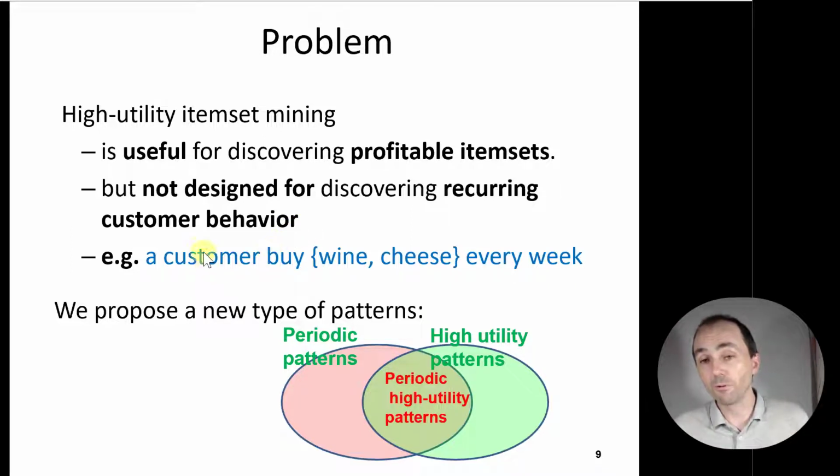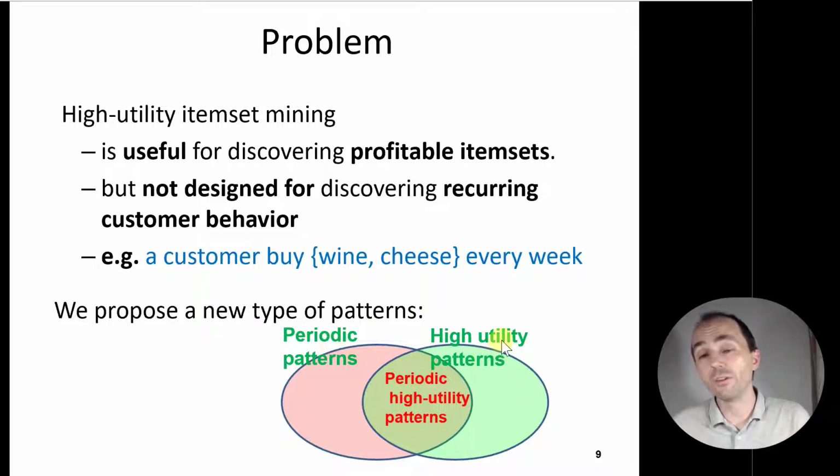For example, we could want to find that a customer buys wine and cheese every week. Okay, so this is a habit. The customer every week buys the wine and cheese together. So a pattern like this always repeats. It is what is called a periodic pattern.